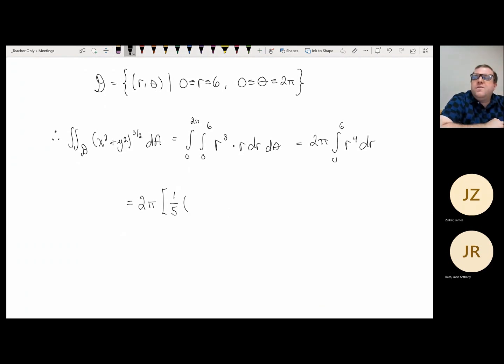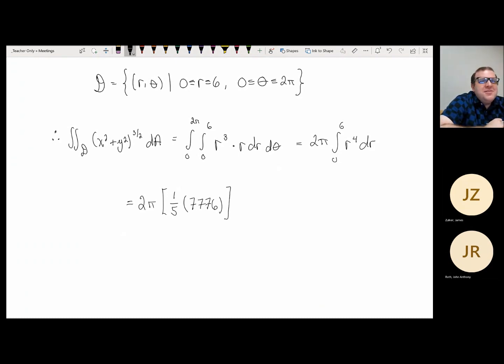Oh boy. One fifth r to the 5th from 0 to 6 is going to be a fifth times 6 to the 5th power. What is 6 to the 5th? What was it? Oh, it's unacceptable. Should have been all 7s.